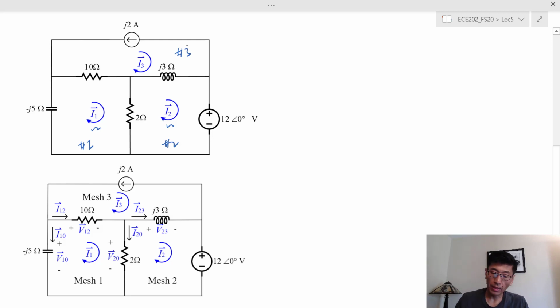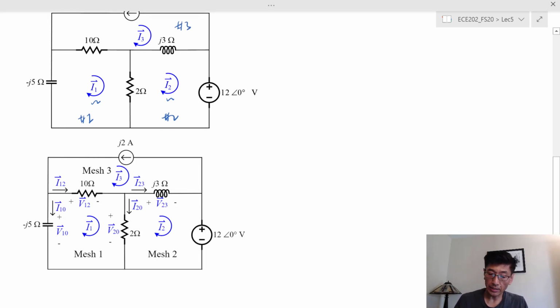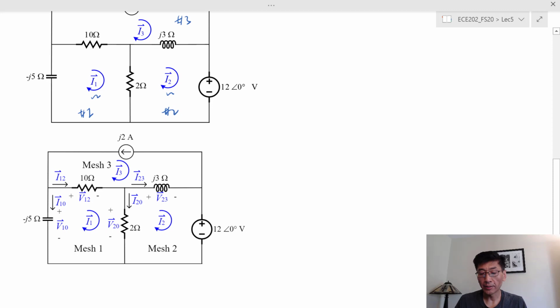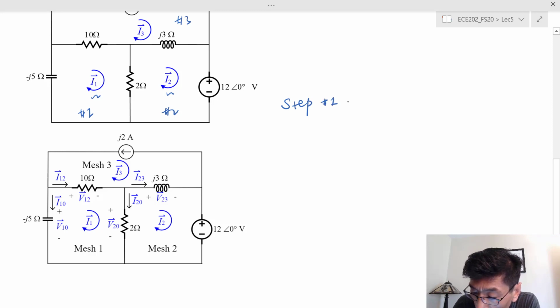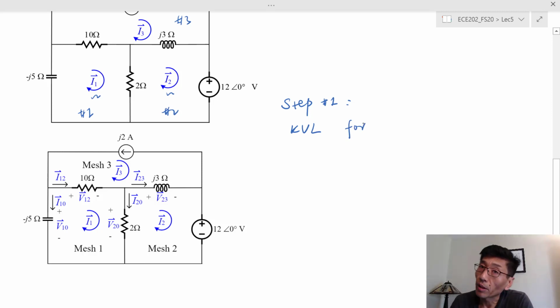Okay. And in this case, let's see. We want to write the KVL equation first. So step 1: the KVL equations for mesh number 1 and 2. We don't write the KVL equation for number 3 because we don't really know the voltage across that current source there.